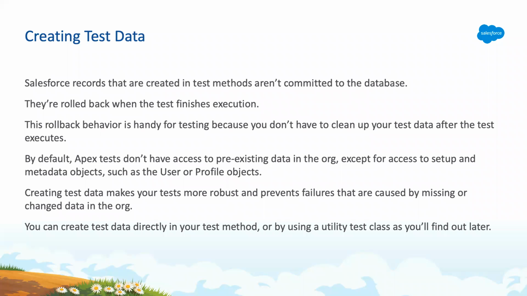You can create data directly in the test method, or use a utility class, or else upload the test data as a static resource. We can check those methods later.